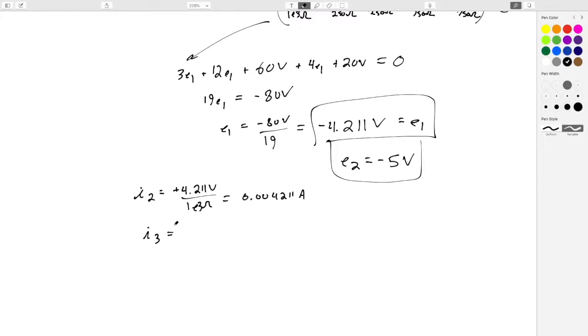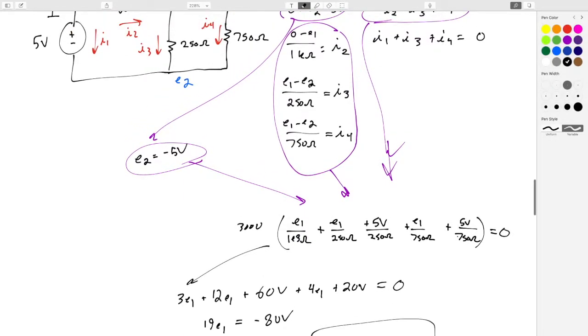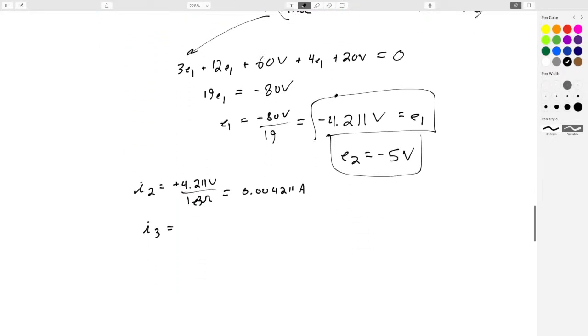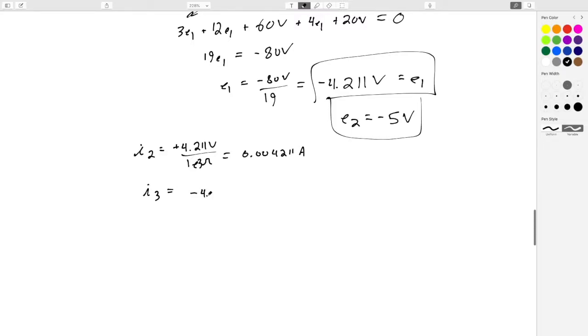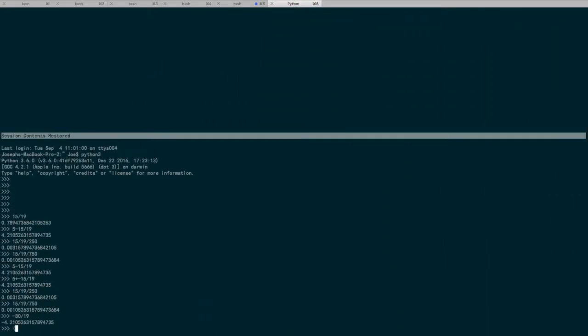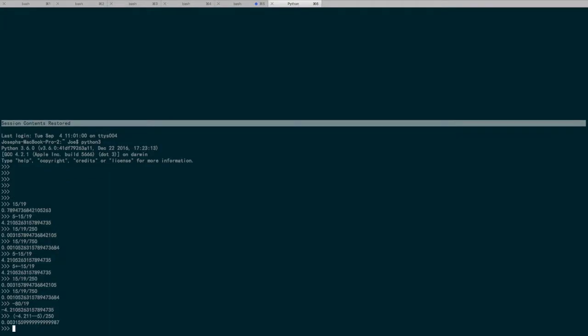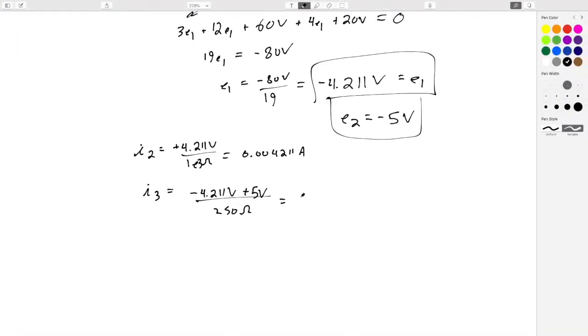I3 will equal E1 minus E2 over 250 ohms, so negative 4.211 volts minus negative 5 over 250 ohms, which is 0.00316 amps.